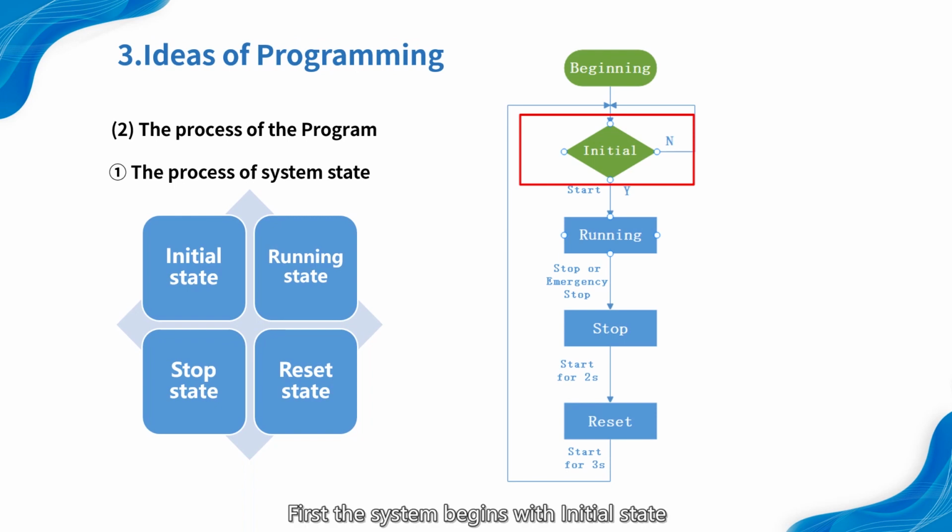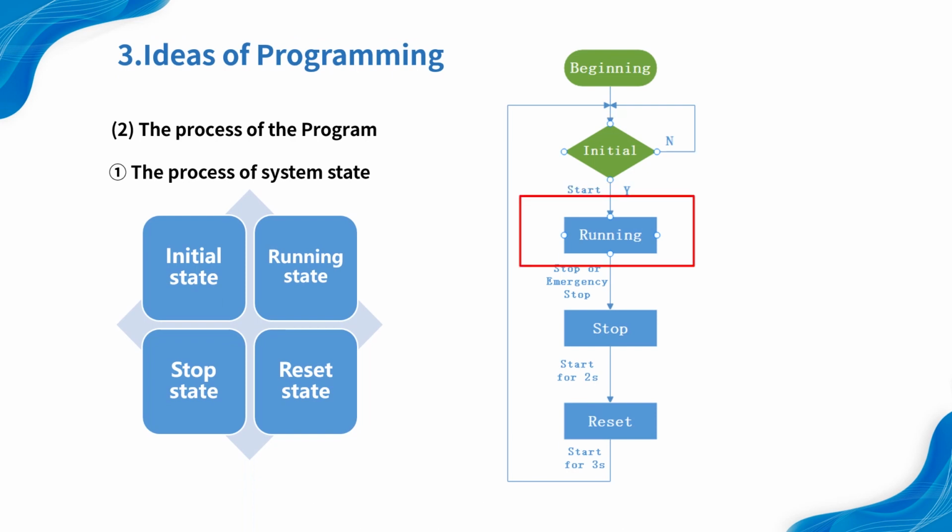First, the system begins with initial state. Second, it will run in running state when the start button is pressed if the initial state is correct. Unless you debug all failures, the system stays in initial state.